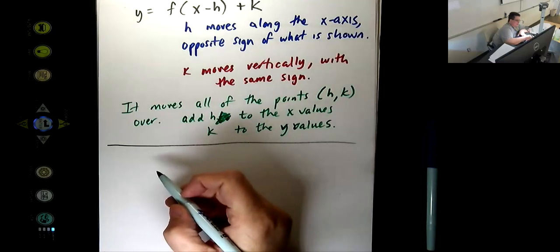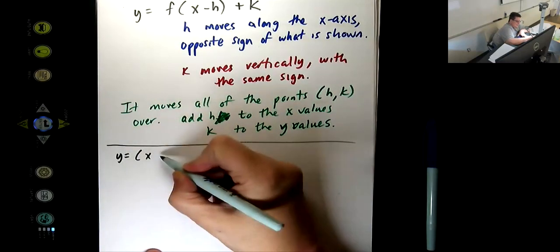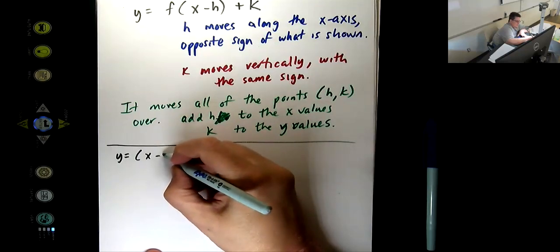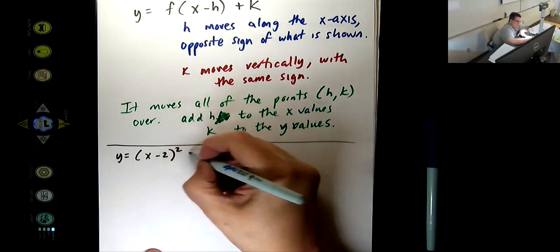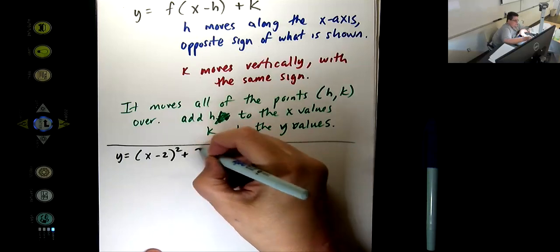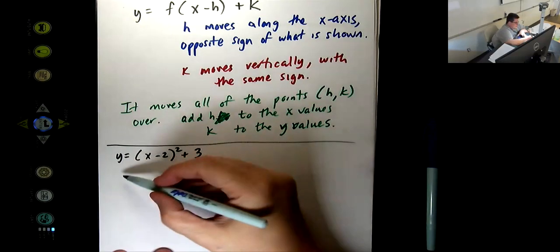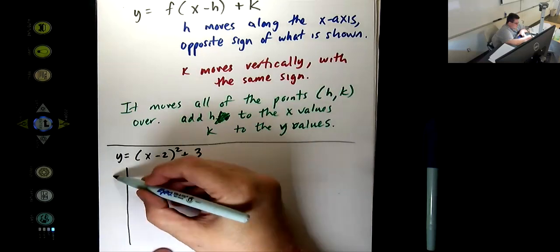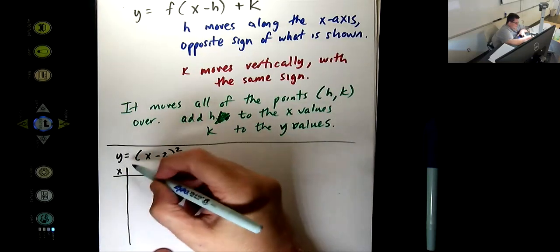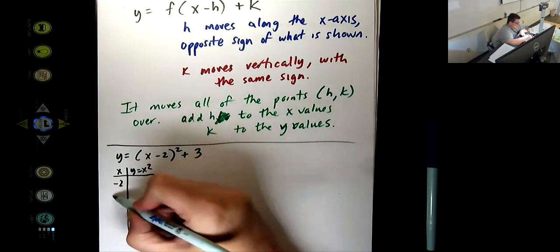Alright, so let's take a look. Let's do y equals x minus 2 squared plus 3. So I'm gonna do x and then y equals x squared. I'm gonna list our base ones.